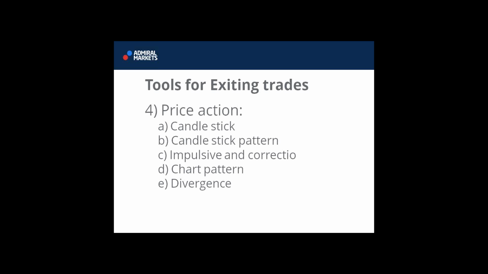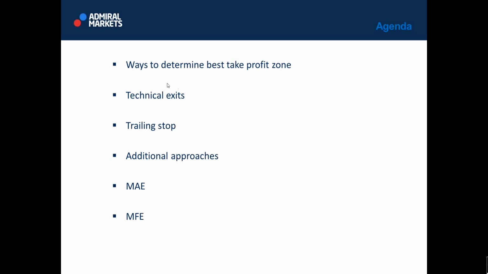Now we will continue, and I will show you technical and other things which you can do to exit your trades at the optimal price. So here we go. First we will talk about ways to determine best take profit zones, then technical exits, trailing stop, additional approaches, and especially these two approaches, MAE and MFE.